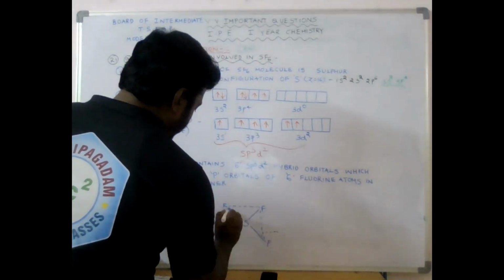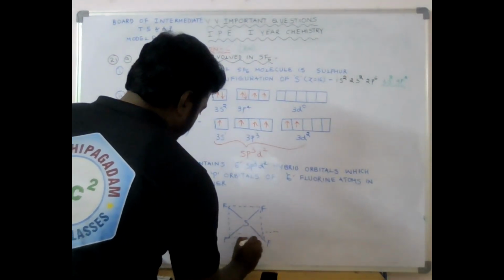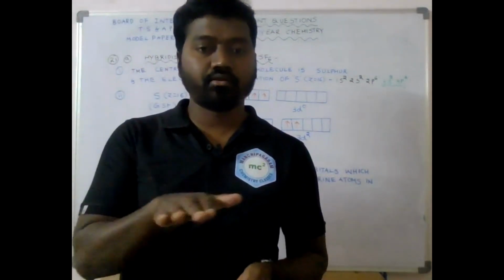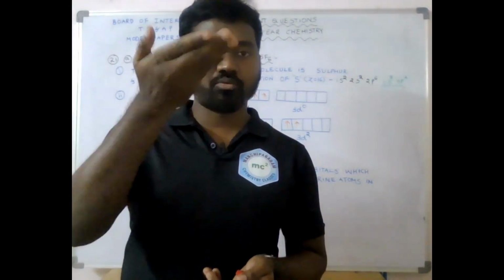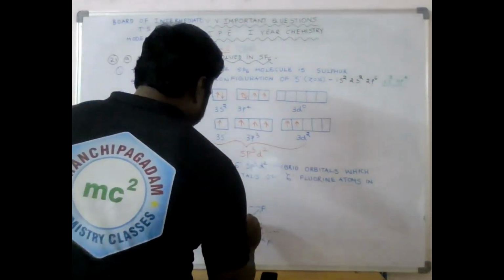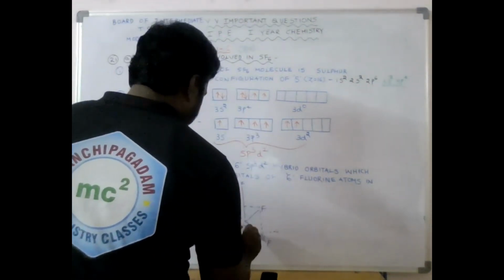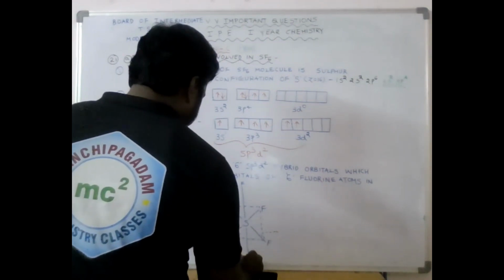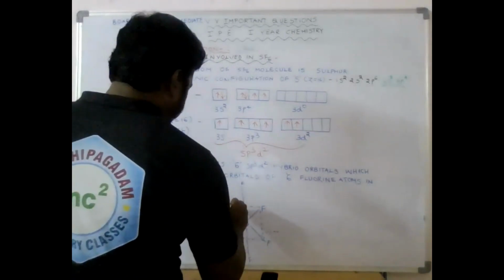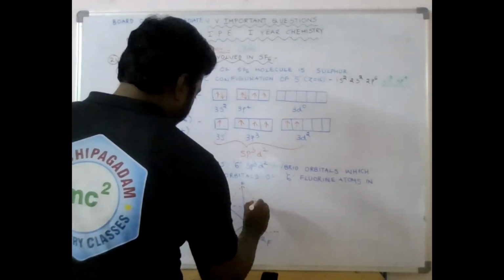Octahedral means, you know, of the 6 fluorines, 4 fluorines are present on the plane and of the remaining 2, one is above the plane and another one is below the plane. So this F will be here and this F will be here. This is called octahedral manner.